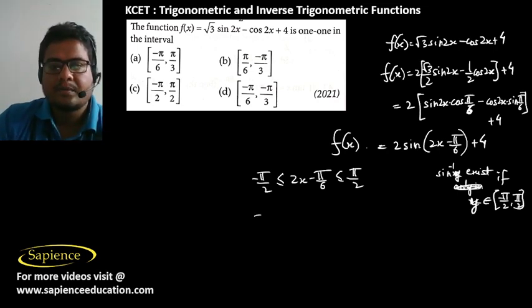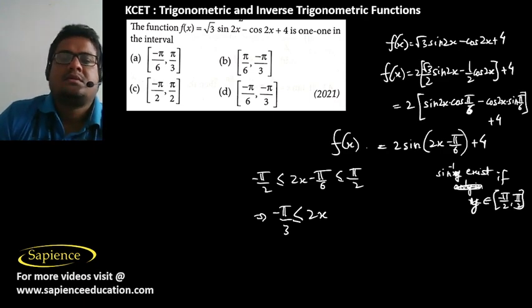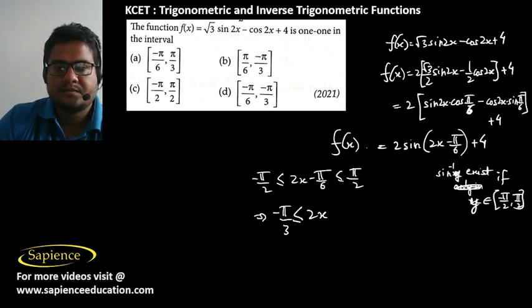So therefore here 2x should go from minus pi by 2 plus pi by 6, that is minus 3 pi by 6 plus pi by 6, that is minus pi by 3, to 3 pi by 6 plus pi by 6, that is 4 pi by 6, that is 2 pi by 3.